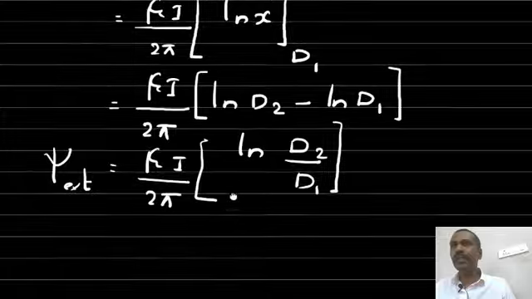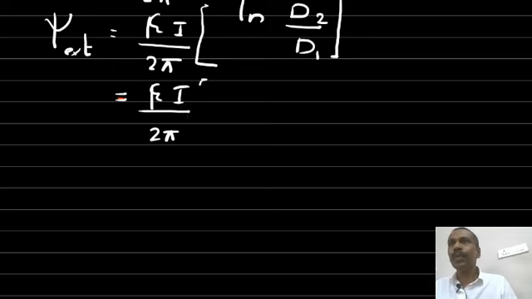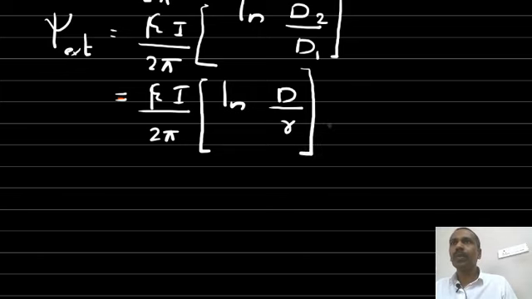Because these flux lines exist from the surface of the conductor, this is equal to mu I divided by 2 pi into natural logarithm d by r, because here r is the radius of the conductor.